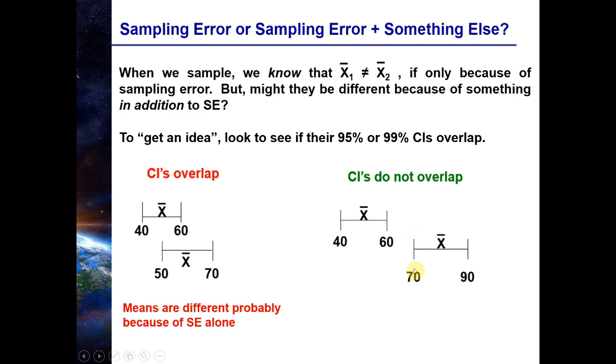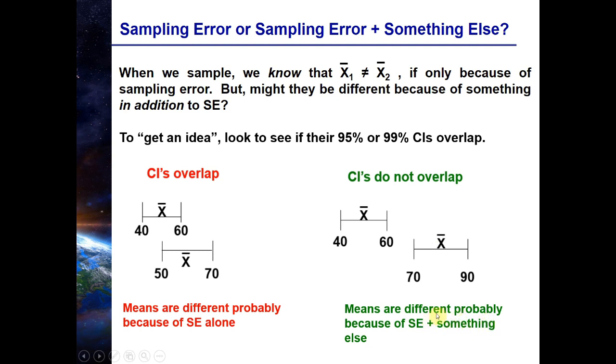When that happens, the confidence intervals, again, don't overlap. Then you would want to say that the most likely reason why these two means are different, okay, we have to explain why these are different, is probably sampling error plus something else. Something else is going on.